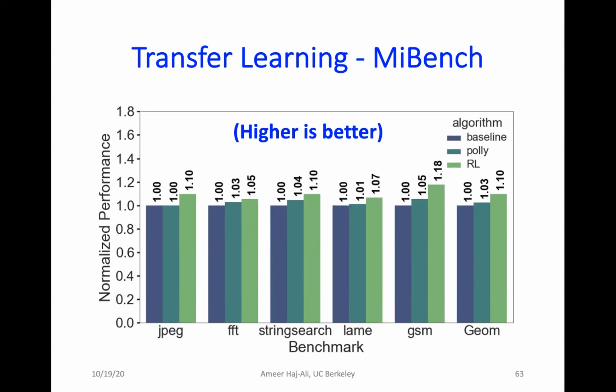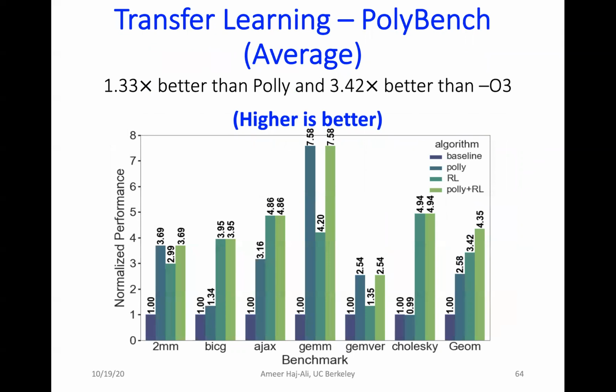But for applications that are highly vectorizable, like PolyBench, where you have more matrix multiplication, security, cryptocurrency, and things like that, we were able to achieve 33% better performance than Polly and 3.4x better than -O3.